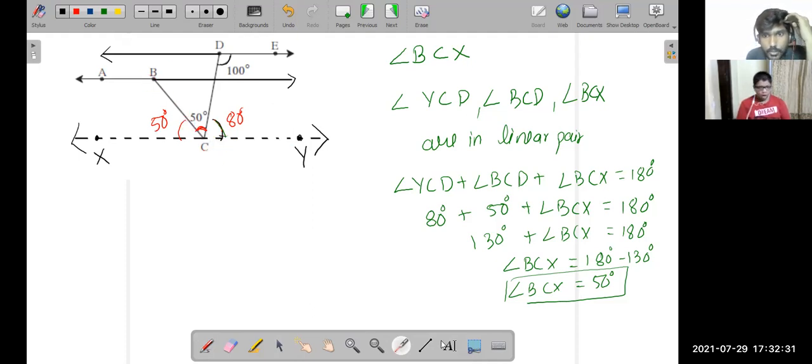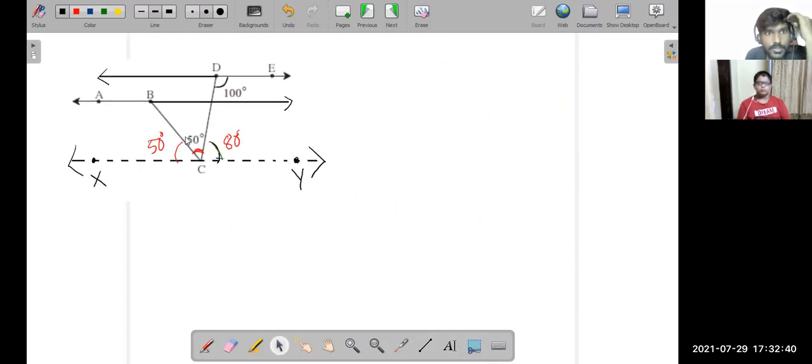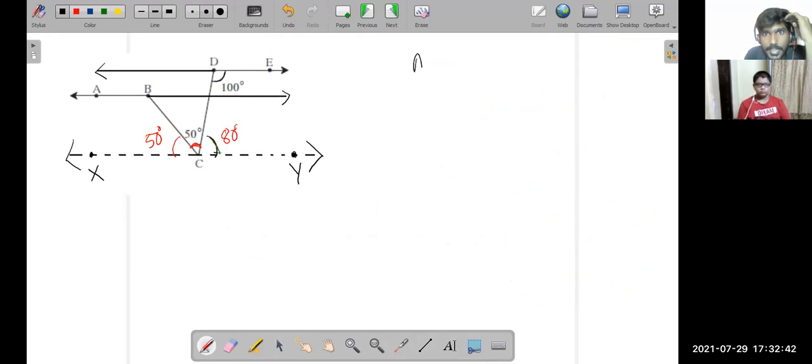I'll do it on a new page, better. Now, look carefully, AB parallel to XY, and we'll treat BC as the transversal.